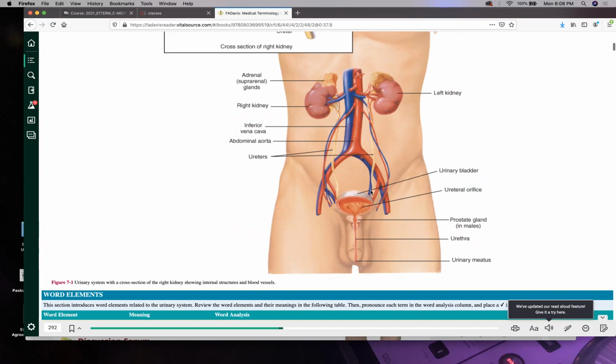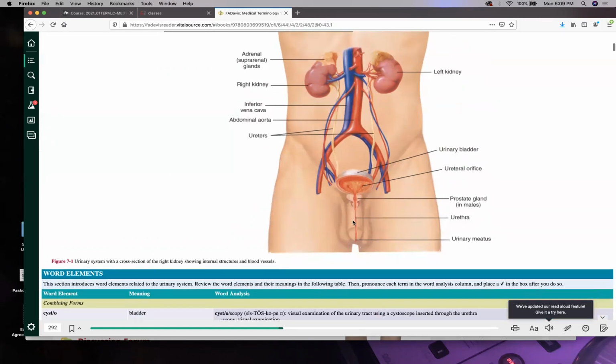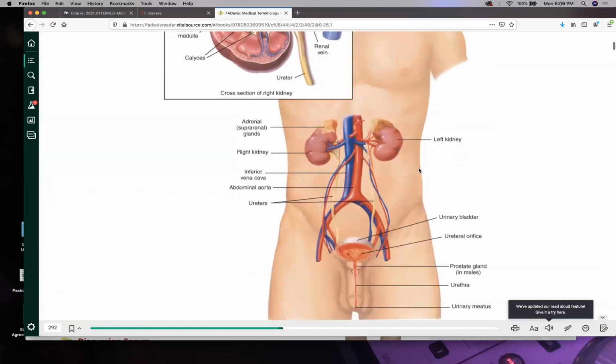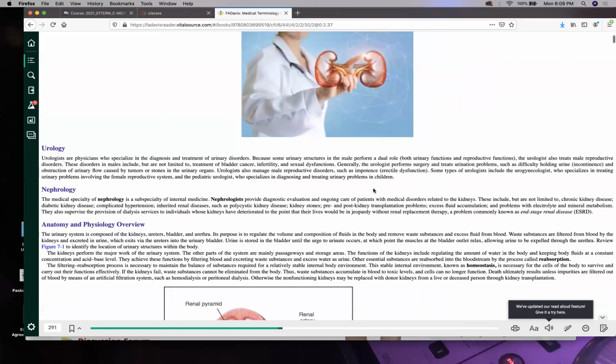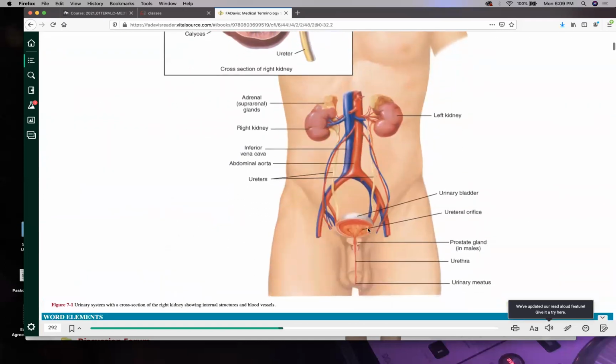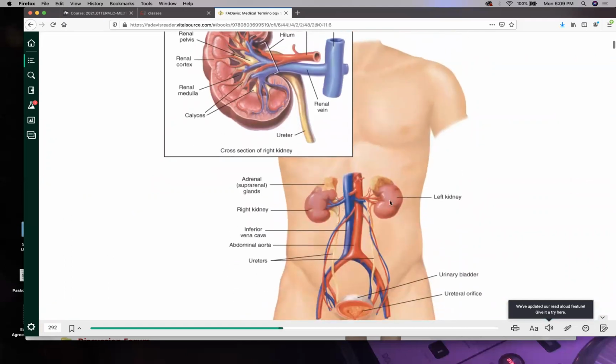You can have ureteritis in your ureters, cystitis, which is inflammation or infection of your bladder, or urethritis, inflammation or infection of the urethra, the tube that goes from your urinary bladder out to the toilet. So think urology: ureters, bladder, urethra. And nephrology: kidney.